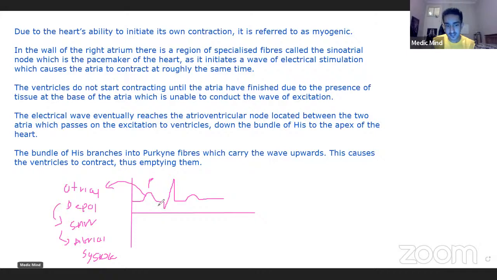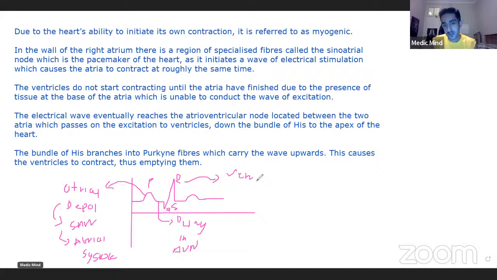You can see that there's a small gap here between where the P wave ends and the next wave begins. And this is the delay in your atrioventricular node. Your next bit is your QRS complex, which represents, does anyone know?